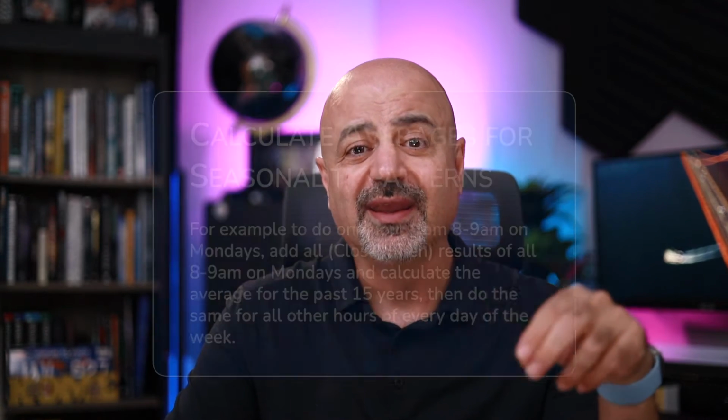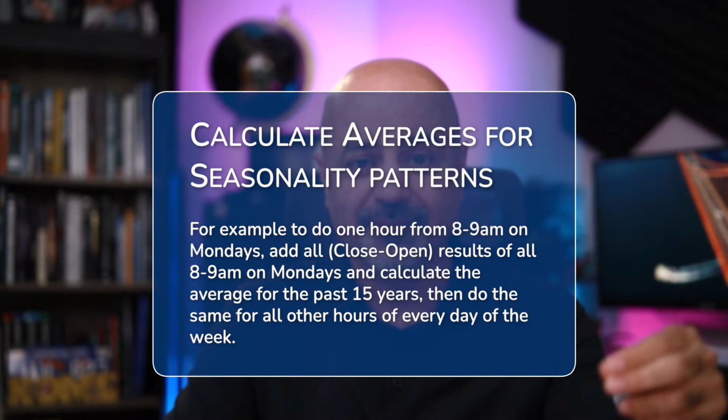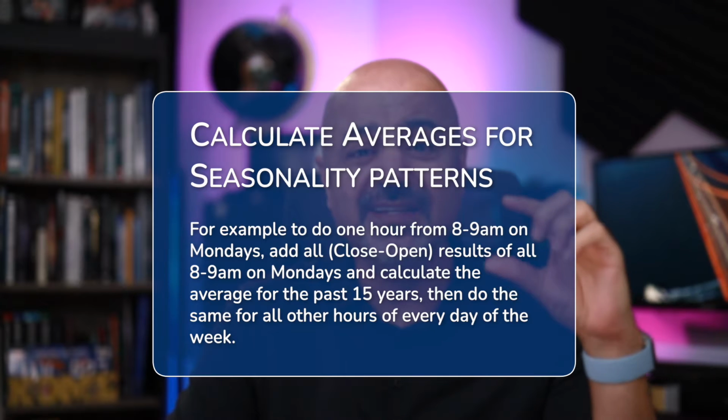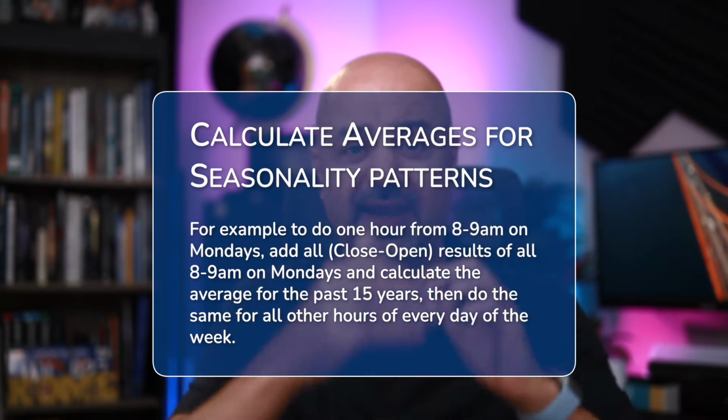If we have, let's say, the last 15 years of data, then we bring every hour of every day of those years and stack it up. So, for example, we take Monday, 8 a.m. to 9 a.m. We stack every single Monday, 8 a.m. to 9 a.m. on top of each other, and we take their average.